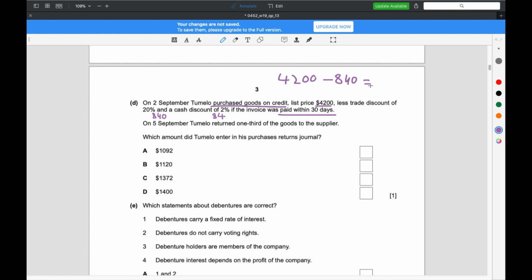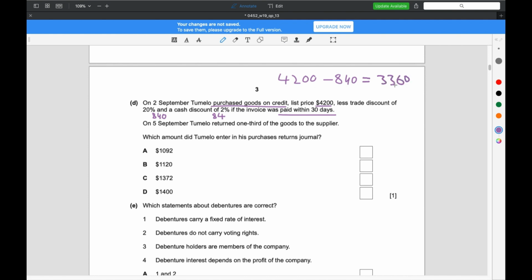So this will leave you with, oh sorry, yeah, he says that he returned 1/3 of the goods to the supplier, which means that he kept 2/3. So we have to divide whatever value we get by 3, right? So this value is actually going to be $33.60.